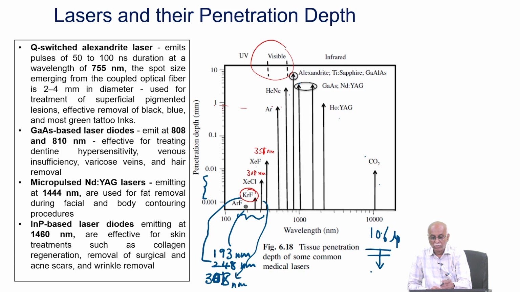So, we go to 650 or 1000 nanometer and around that. If we go further up to 800 nanometer, then we use the titanium sapphire laser. Penetration depth increases by a good amount, 3 to 4 millimeters, and we can use the Nd:YAG laser, fundamental wavelength 1064 nanometer.